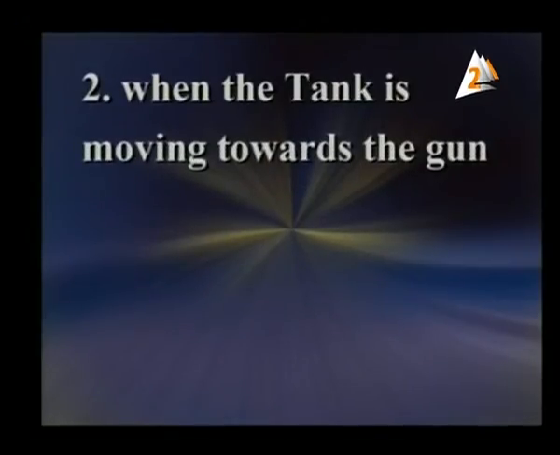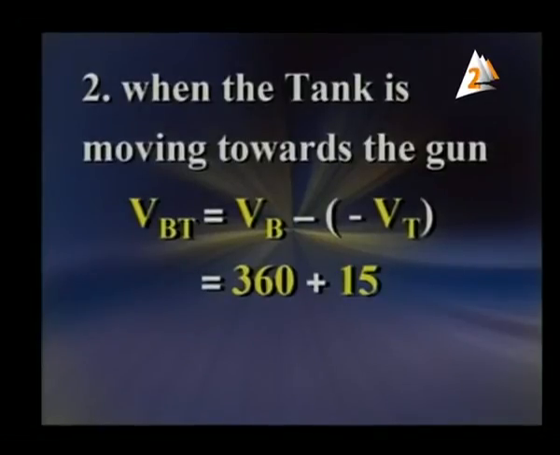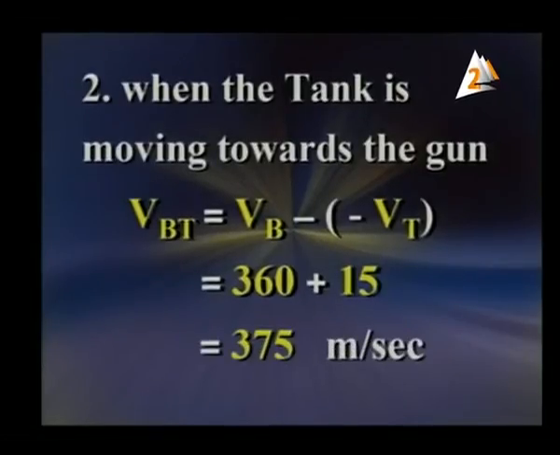Number 2, when the tank is moving towards the gun, VBT equals VB minus negative VT, because it is in the opposite direction, equals 360 plus 15 equals 375 meter per second.